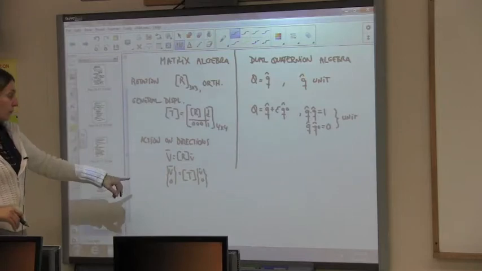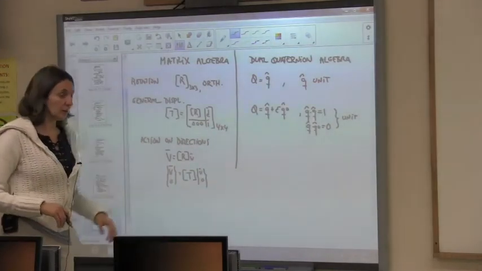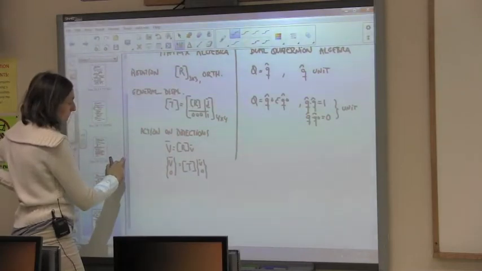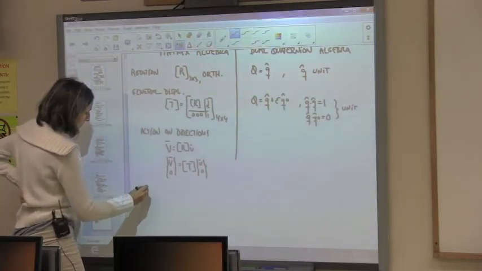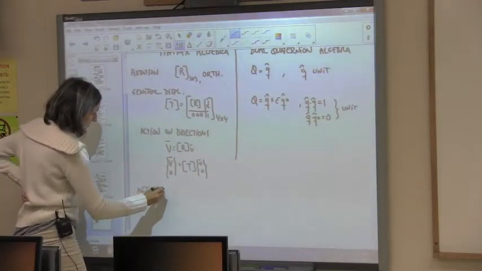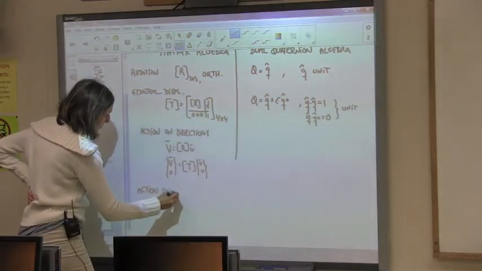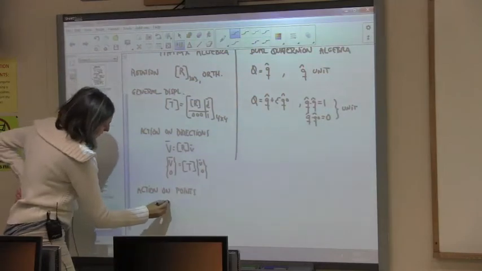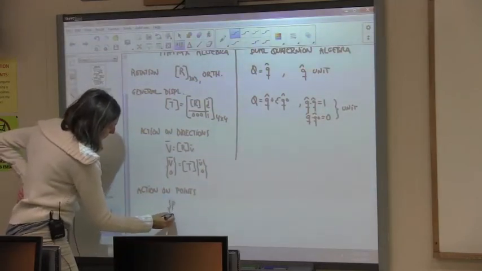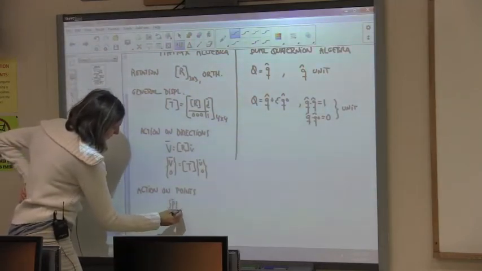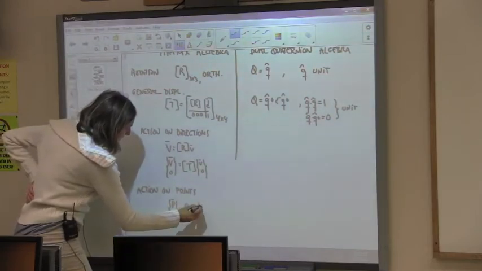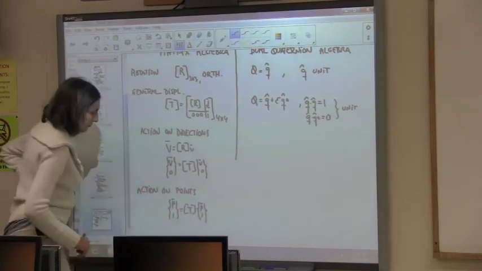And then action on points, we put a 1 there, right? P1 equal to T, little p1, right?